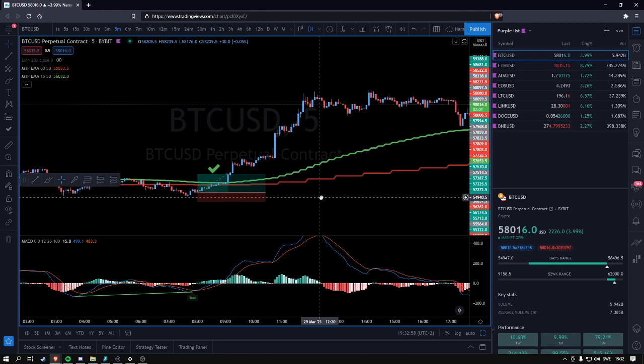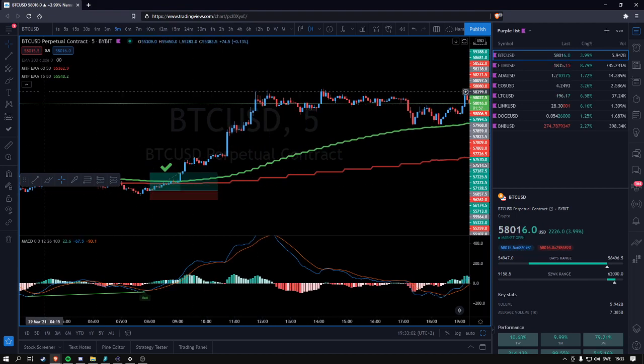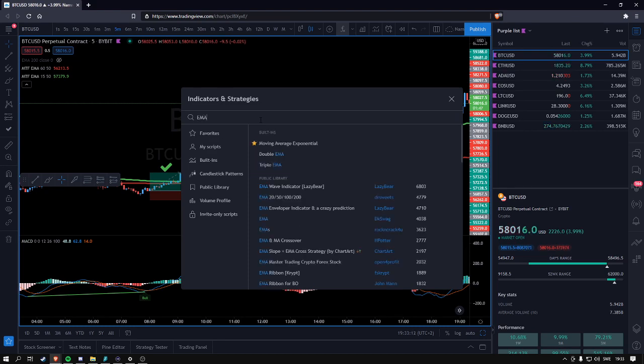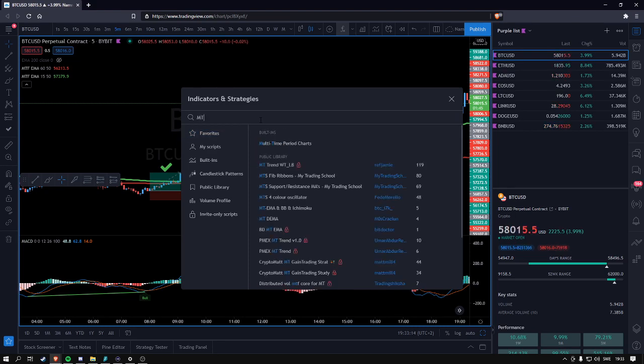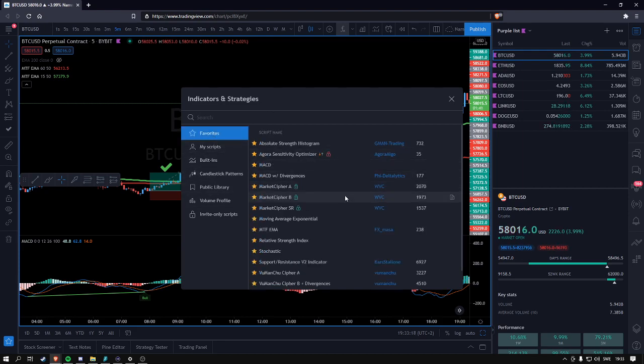So it's very simple. As you can see, I'm using two indicators, MTF EMAs. It's supposed to be in my favorites, what the exact name is.